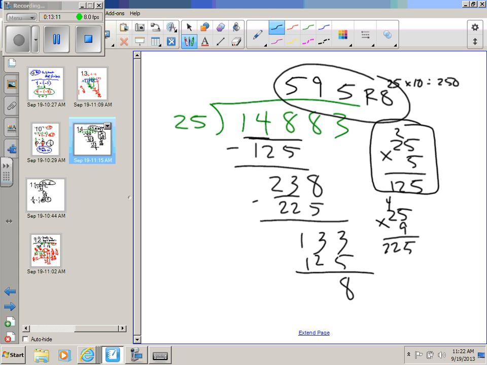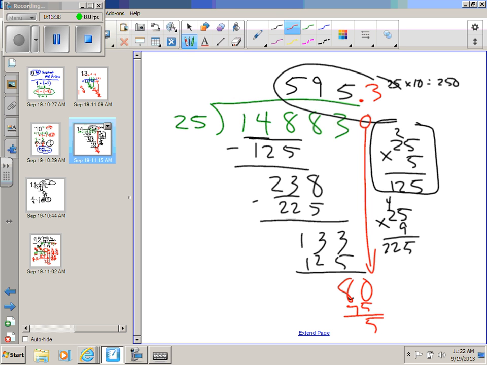Now, if you took it a step further and decided to try to find the decimal, let's rewind a second. So here's the 8. How many times into 80? 3, right? There's my decimal. 0.3, that's 75.